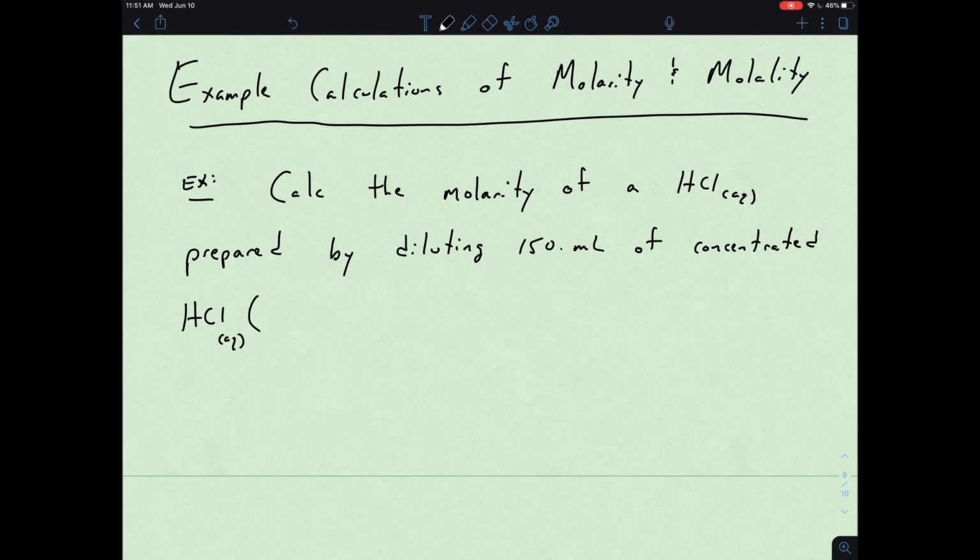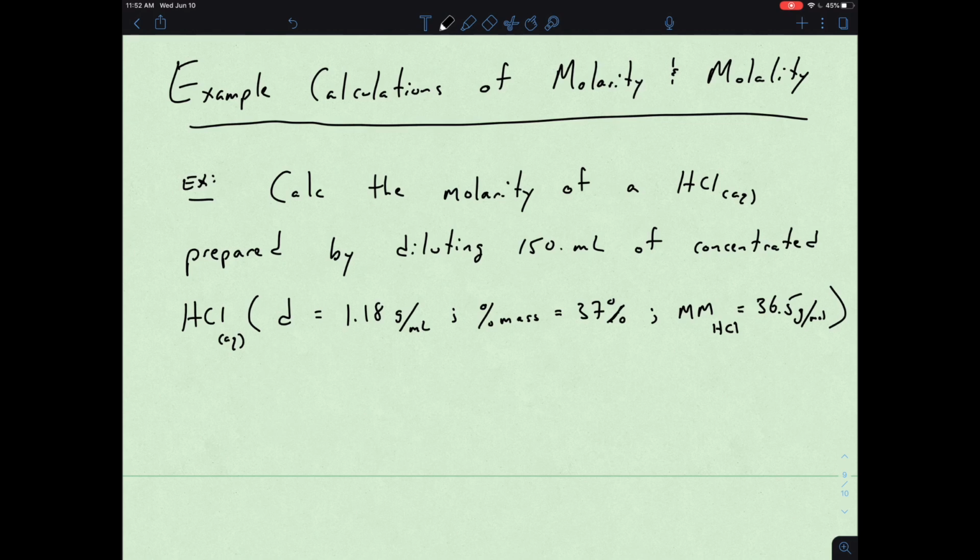Concentrated HCl has a density equal to 1.18 grams per milliliter, has a percent by mass equal to 37%, and the molar mass of HCl is 36.5 grams per mole.